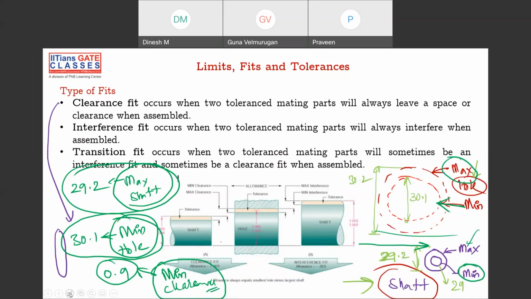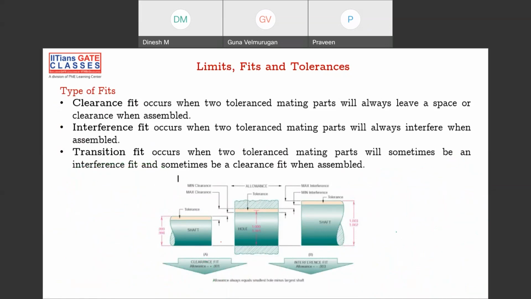But let's see the interference fit. This is the hole: minimum hole, maximum hole, minimum shaft, maximum shaft.